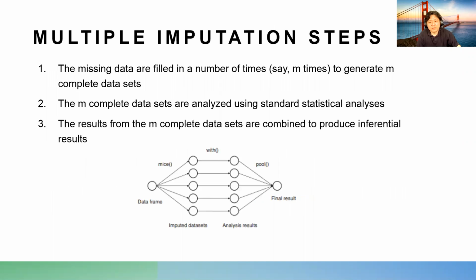Multiple imputation consists of 3 different steps. Step 1, the missing data are filled in a number of times to generate m complete data sets. So we generate multiple data sets, replacing missing values with plausible values.